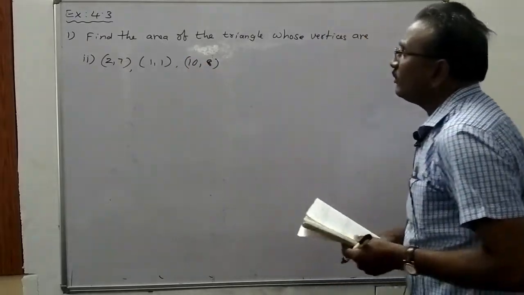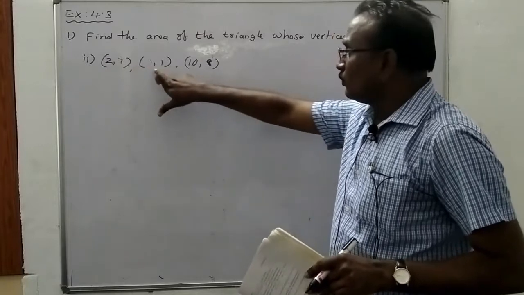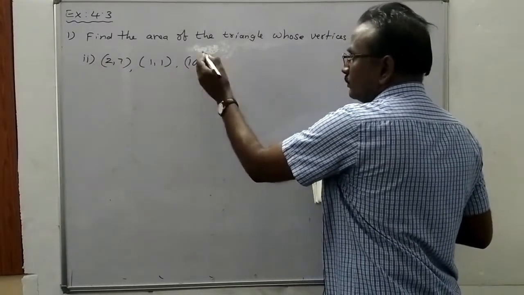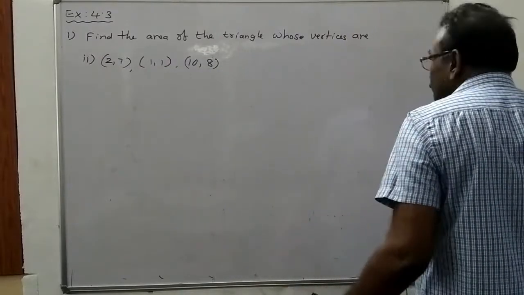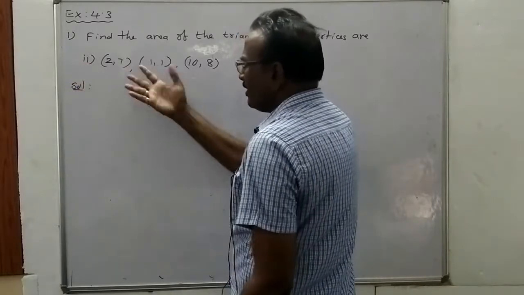Find the area of the triangle whose vertices x1 y1, x2 y2, x3 y3 are given. The solution is very simple; whatever the vertices are, no problem.